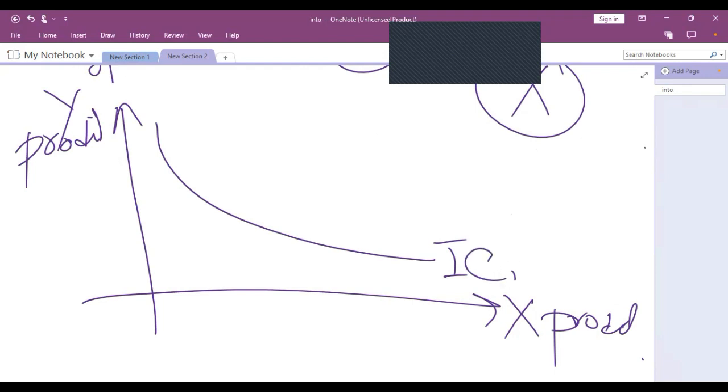If another IC curve is drawn above the previous IC curve, let's say its name is IC2.